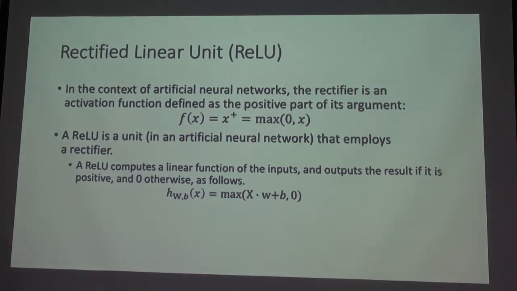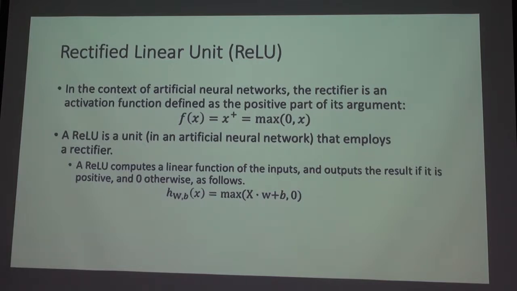When the x value is greater than or equal to 0, f(x) is going to be x. So when x is greater than or equal to 0, basically it's a linear function, but when x is smaller than 0, the function is rectified such that f(x) becomes 0. It's going to be something like this.